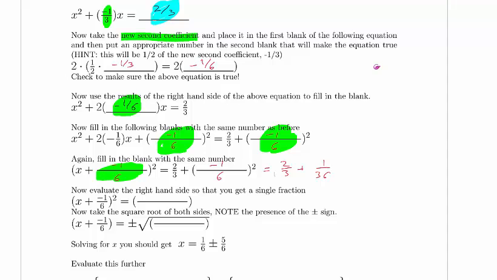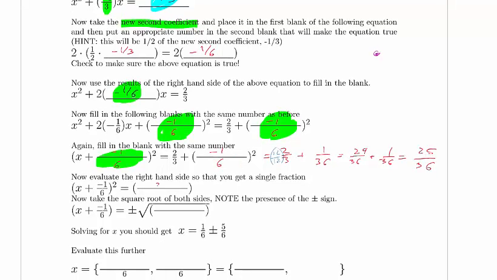So we want to do 12 over 12. And so we end up with 24 over 36 plus 1 over 36. And we get the nice perfect square number, 25 over 36. So let's put that in here.